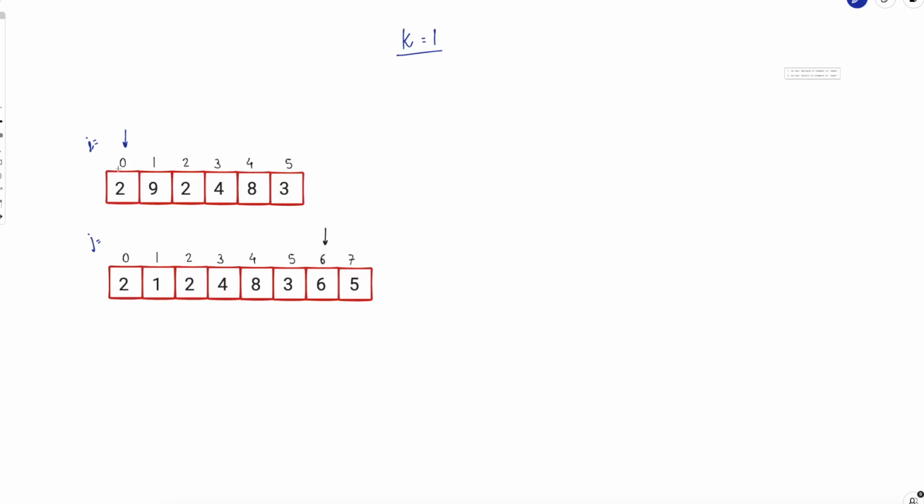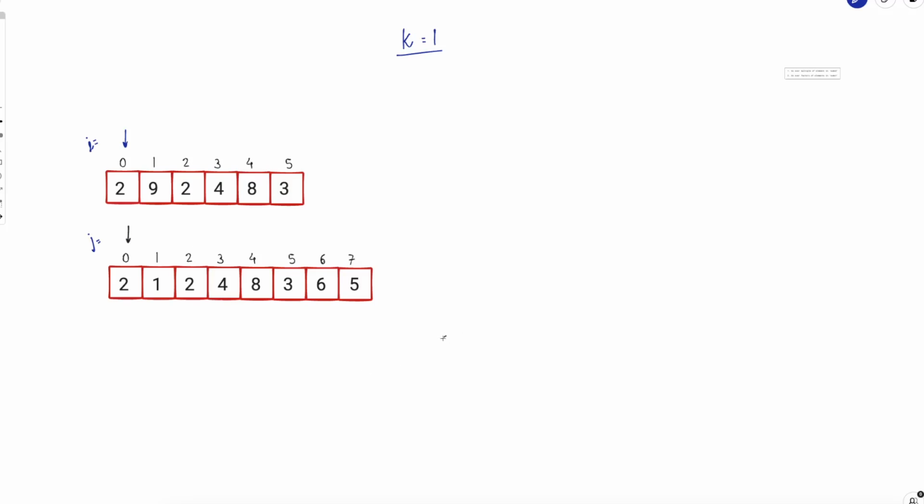How to figure that out? Simply check whether 2 is divisible by 6 or not. In this case 2 is not, so you will not count this as a valid pair, whereas if you get this, then this is a valid pair because 2 is divisible by 1, right?